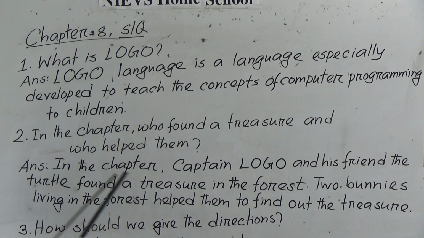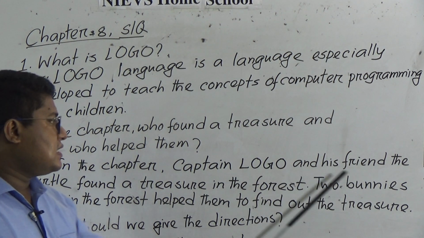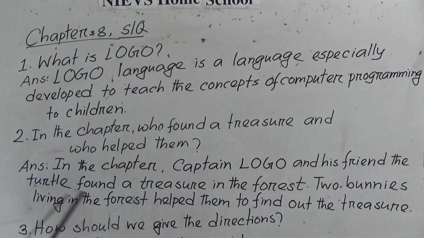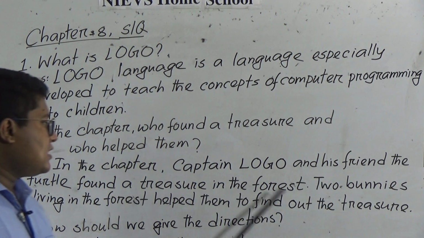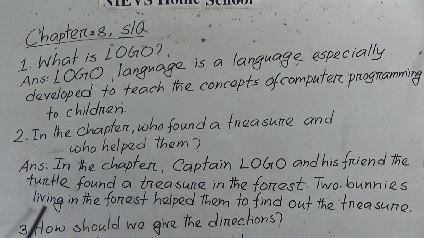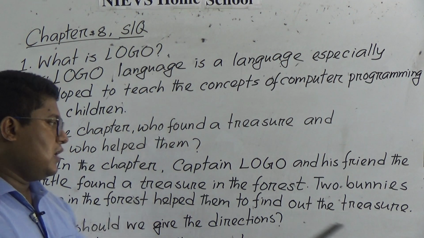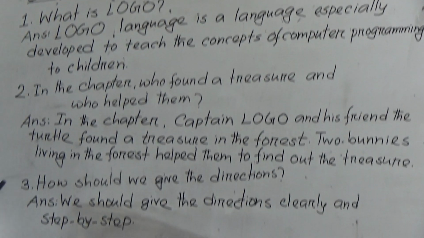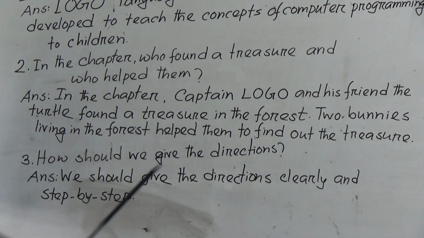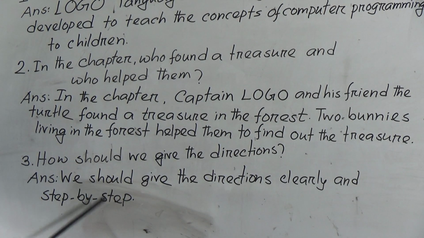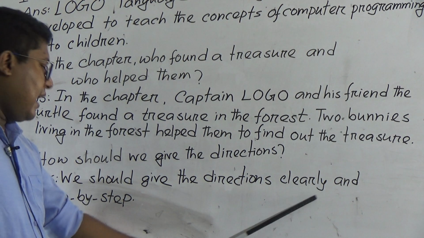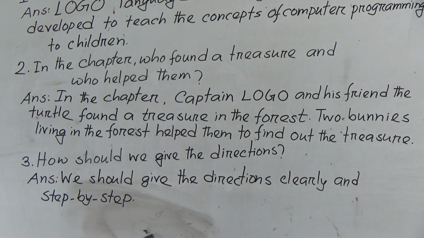Answer. In the chapter, Captain Logo and his friend the turtle found a treasure in the forest. Two bunnies living in the forest helped them to find out the treasure. Number 3, how should we give the directions? We should give the directions clearly and step by step.